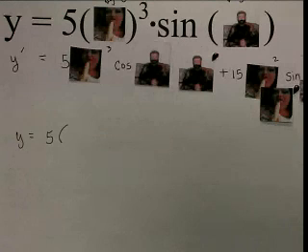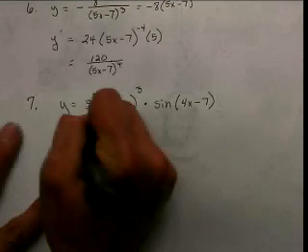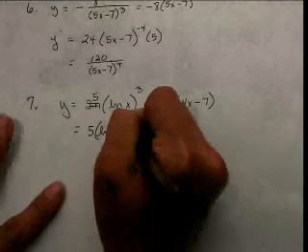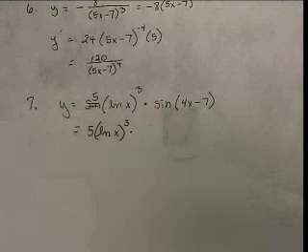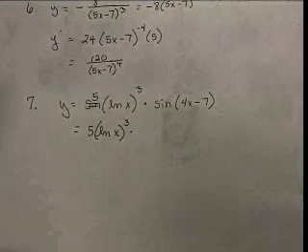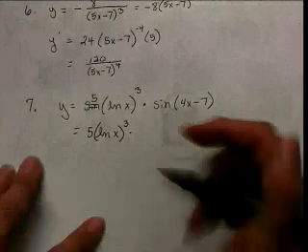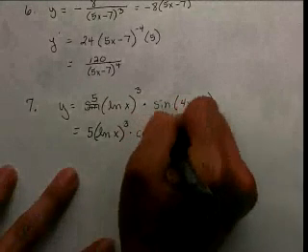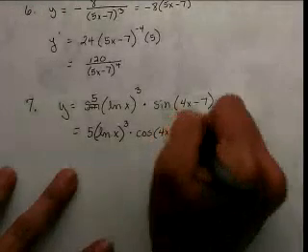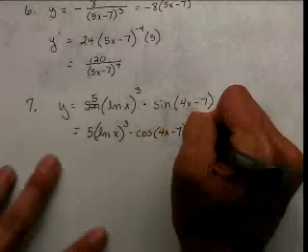Oh, I did. Oh, here it is. First factor times the derivative of the second, which is what? Cosine of 4x minus 7 times 4.